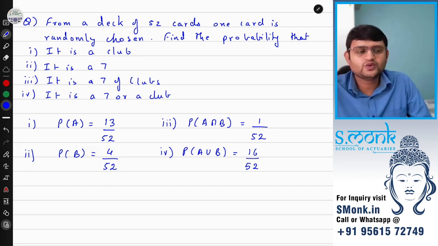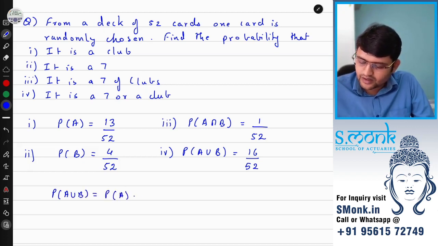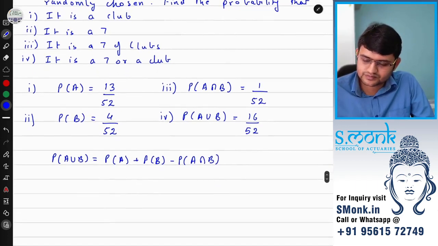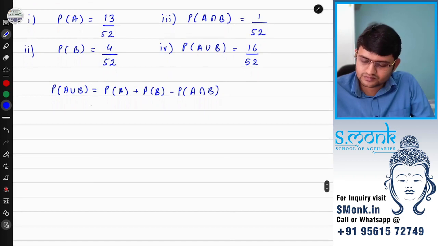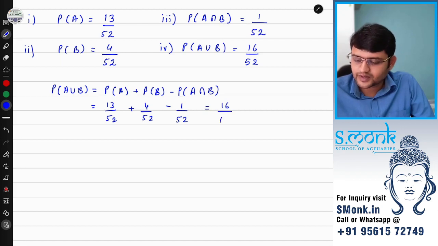That becomes A union B. There's another way of writing A union B. That would be probability of A plus probability of B minus probability of A intersection B. And you can see you have 16 by 52.